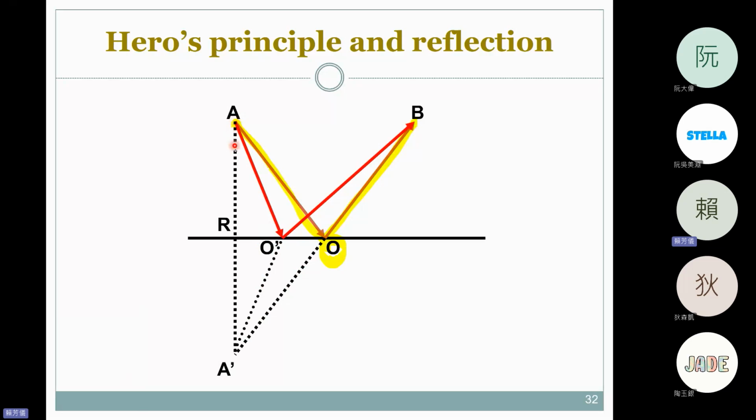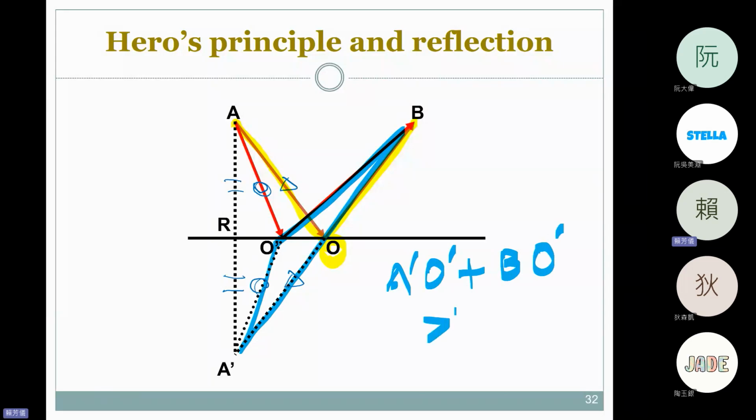We can set the normal line to this interface and set the A prime. Here AR equals A prime R. So AO plus... A prime O will equal AO. So using the geometry concept, comparing to this triangle, we know that A prime O plus BO is always larger than A prime B.